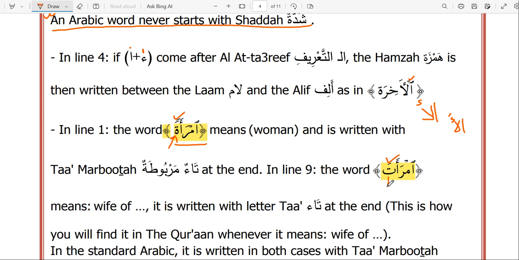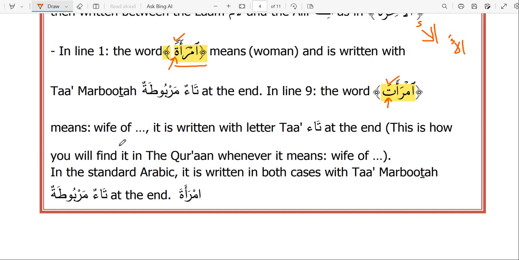Why was it written with the open ta? Whenever you see the word imra'at with the open ta, know that it is referring to the wife of someone, and it's written with the open ta at the end. This is how you recognize in the Quran whenever it speaks of the wife of. Whenever you want to say wife of someone, you write with the open ta and not with the ta marbuta. So this is the difference.